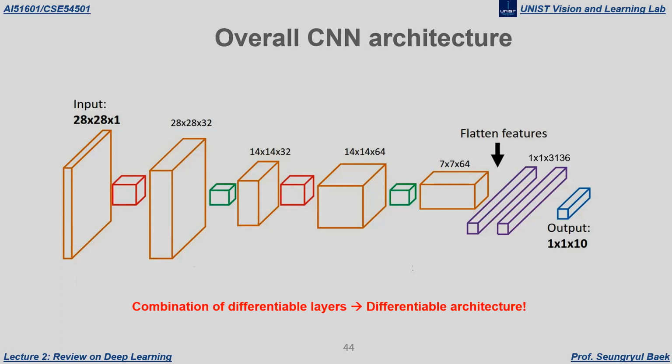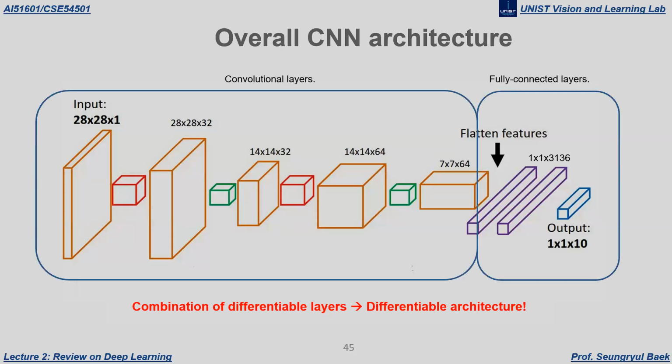In this application, our aim is to classify the original input image into 10 classes, so the final output is the probability of 10 classes. That's why our final layer has a 10-dimensional vector. But if our application has a different number of semantic classes, then this value could change. Anyway, this is the CNN.